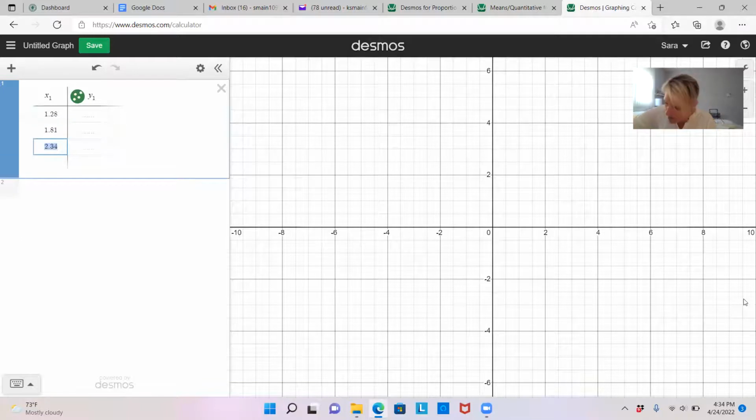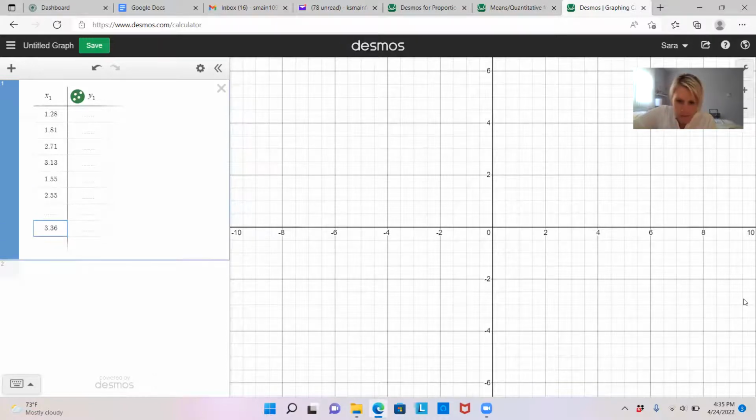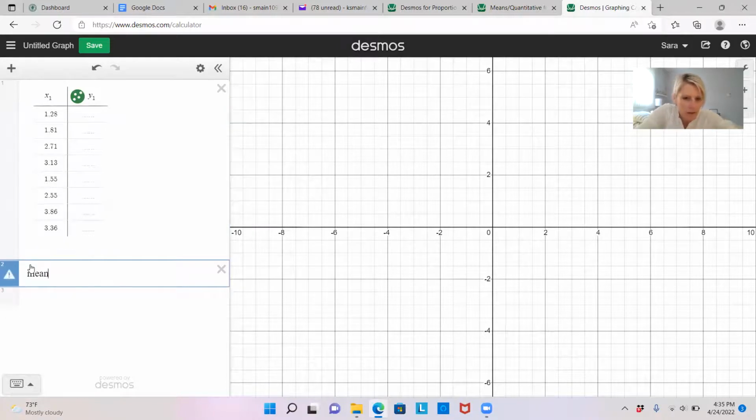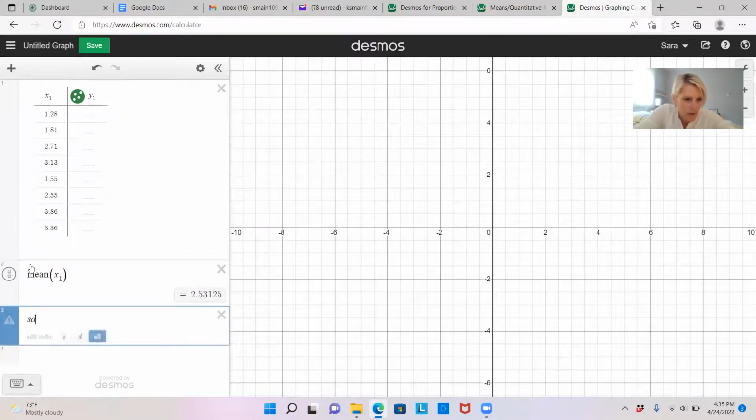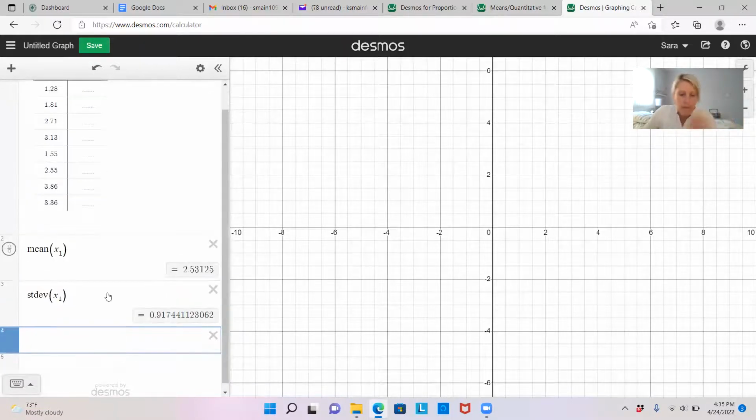So go ahead and enter in your data and validate that you've typed it correctly. And 3.86. I just have them out of order here. Okay, so we're going to do the mean of x1 and then the standard deviation of x1. So our sample mean is 2.53. And then our sample standard deviation 0.917.